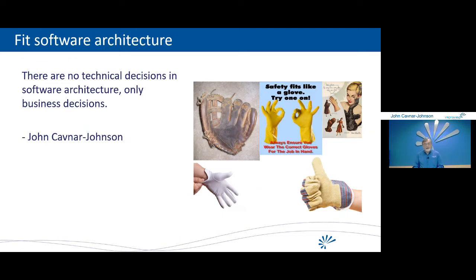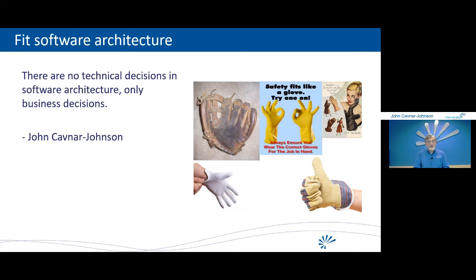But here's the thing. If we say something fits like a glove, we all instinctively understand what that means. But I put this picture up here for a very important reason. The thing your software is doing is different from the thing my software is doing. You may need a catcher's mitt. I may need a work glove.